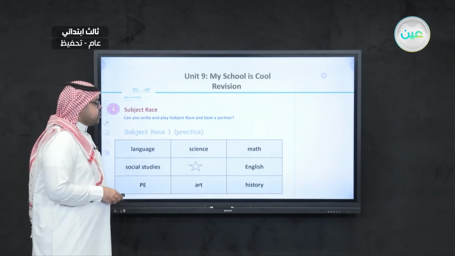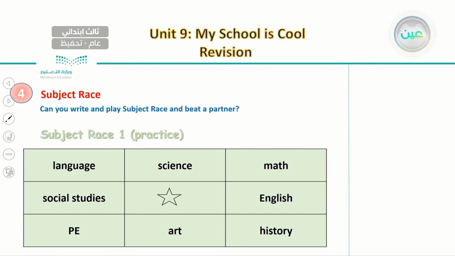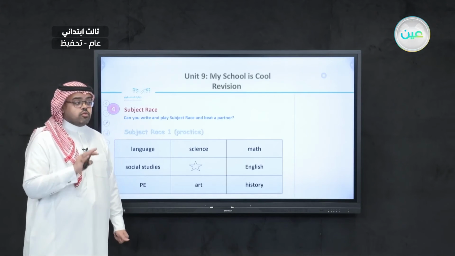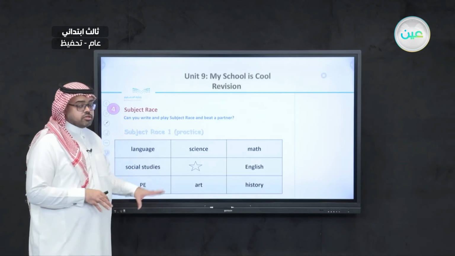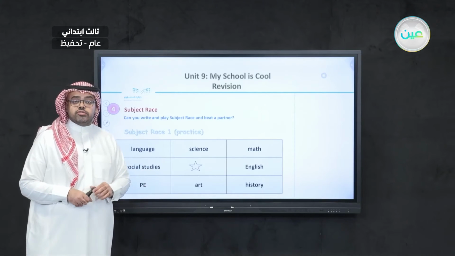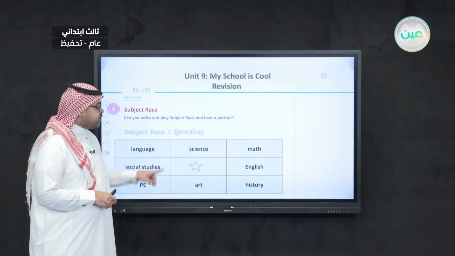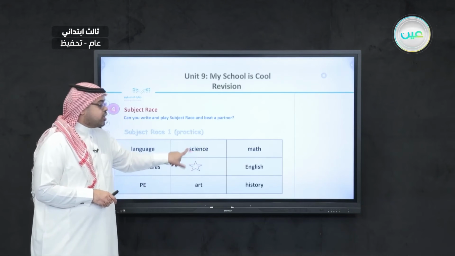And after this, we had an interesting exercise that is called the subject race, where we said, imagine you have this table with different school subjects and listen to the person that will play this game with you. So this person will say a sentence about one of these subjects. And once you listen to the subject, all you have to do is circle the subject.